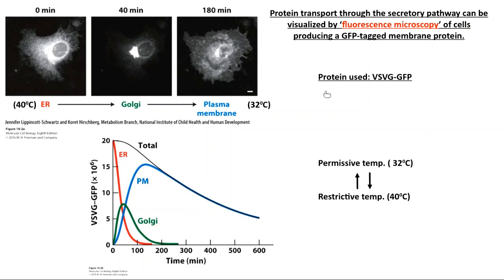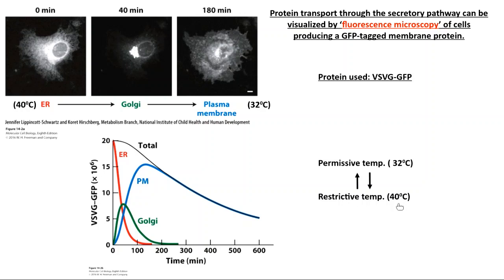Now, there is a unique situation here: the restrictive temperature is 40 degrees centigrade. That means if we increase the surrounding temperature to 40 degrees centigrade, the proteins cannot move out of the ER to the Golgi. None of the secretory proteins will go to their required places.